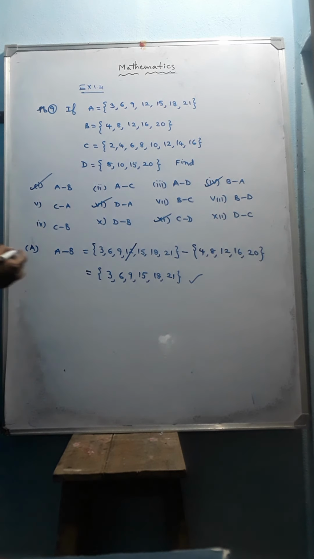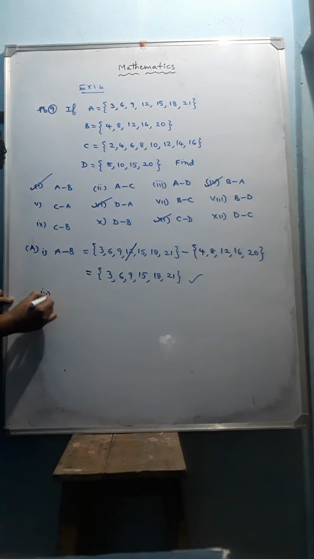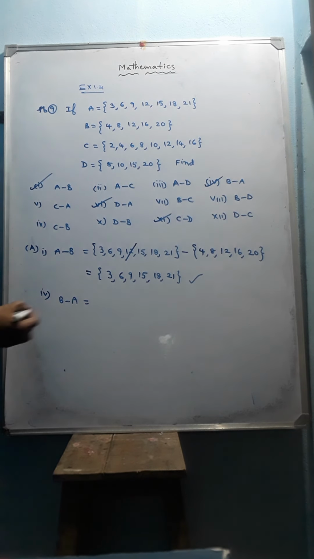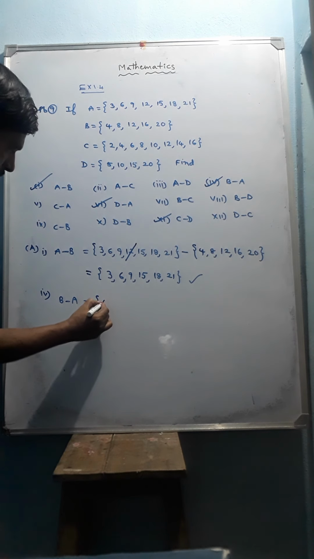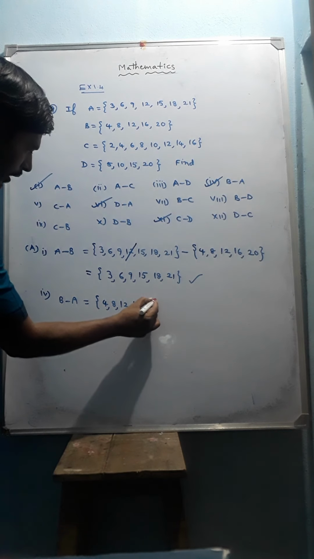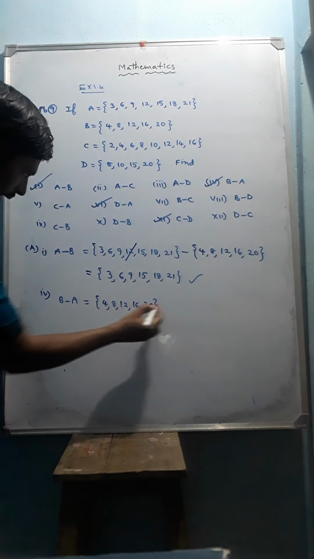Okay, next. The first one is over. Next, the fourth one. B minus A, that is equal to, first, the B set elements: 4, 8, 12, 16, 20. Next minus.